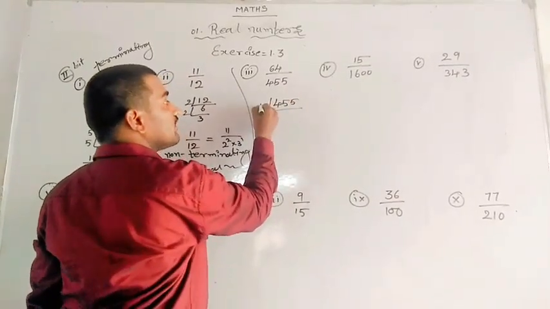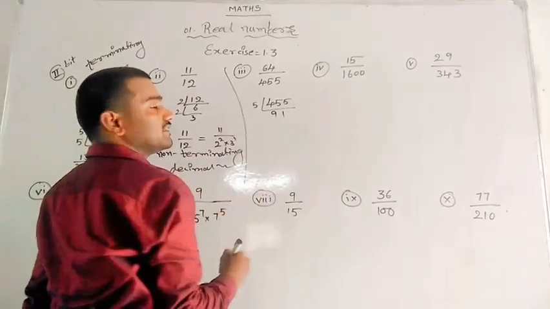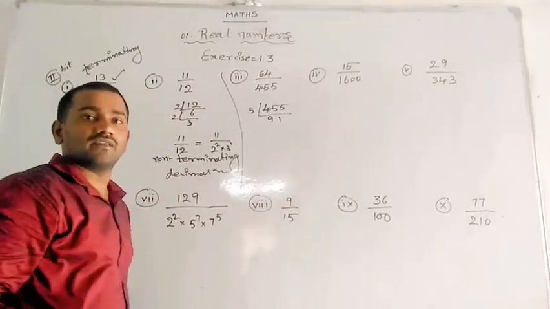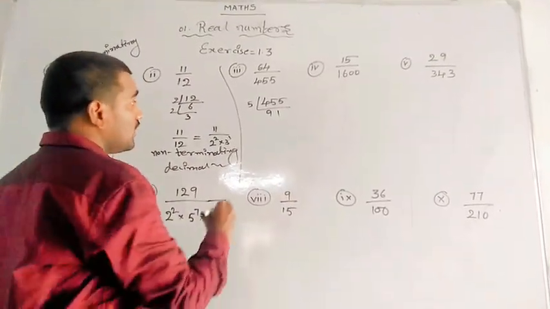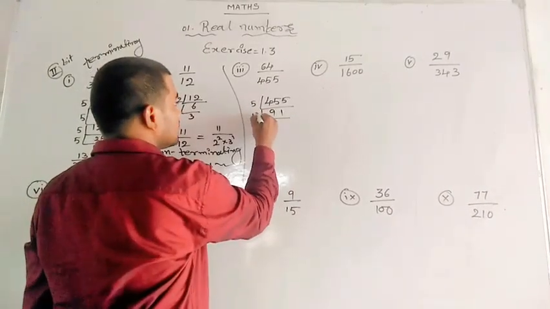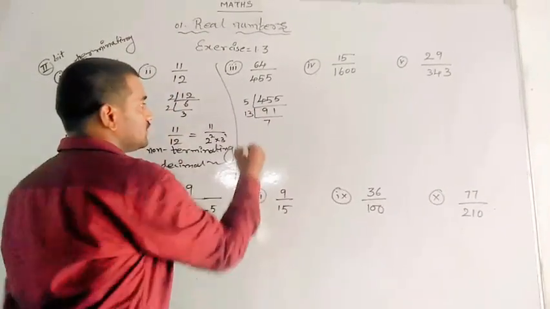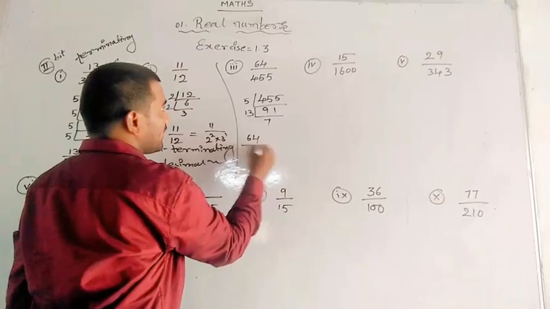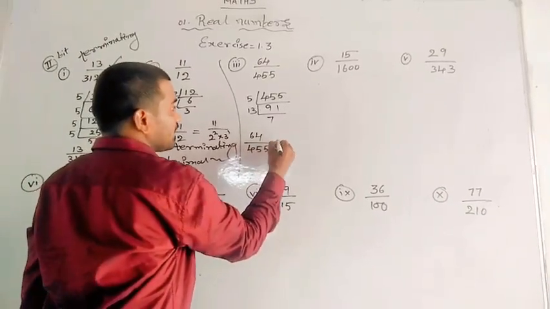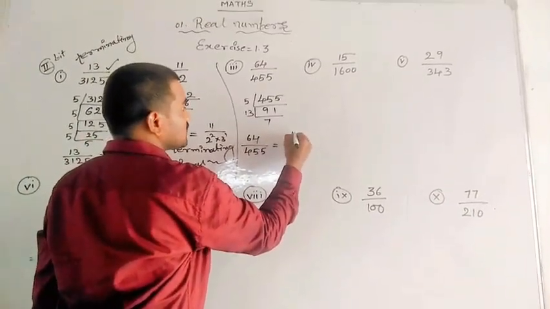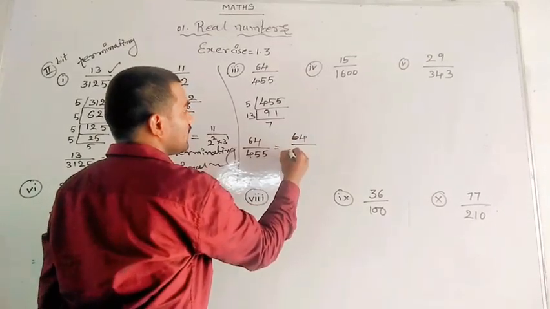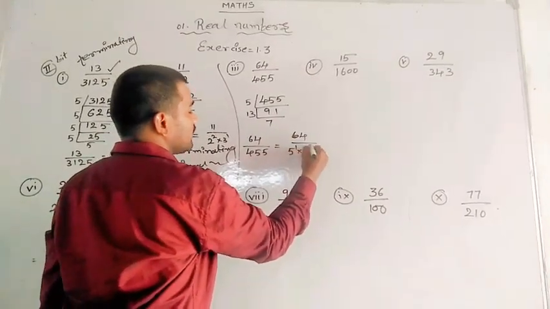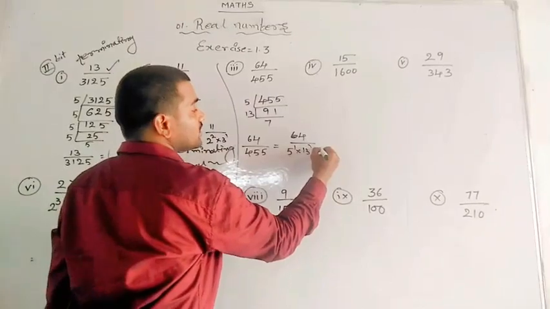455: 5 times 91 is 455, and 91 is 13 times 7. So 64 by 455 is 64 by 5 to the power of 1 into 13 to the power of 1 into 7 to the power of 1.